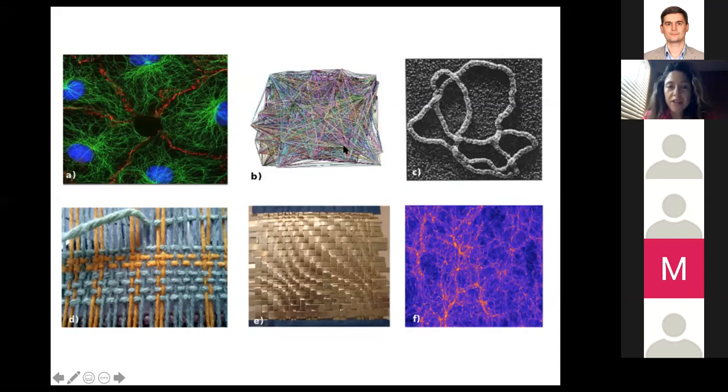But we also have entanglement of really open filaments, like the first case A, but also D, textiles. They are threaded fibers that keep our clothes functional. So they have impacts on mechanical properties, and there are so many other applications like this.